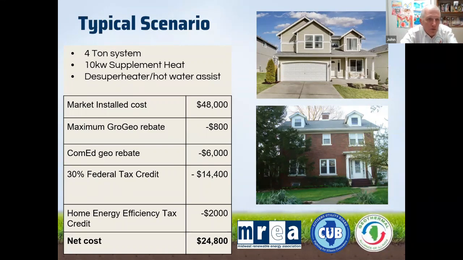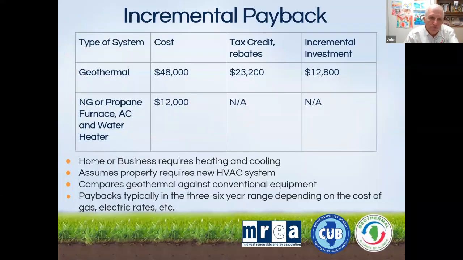You back out the Grow Geo rebate, assuming we hit our metric. You back out the ComEd Geo rebate of $1,500 per ton. That's another $6,000. You back out the 30% federal tax credit and the home energy efficiency tax credit. And now you're down to a real cost of really $24,000, just a tad under $25,000. And so here's a little more information.